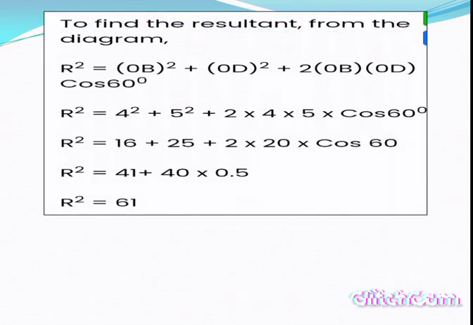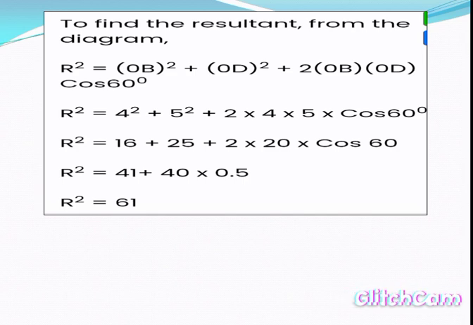So by applying the cosine rule, we have r squared equals OB squared plus OD squared plus 2 times OB times OD cos 60 degrees. The cosine rule you apply here is a little bit different from the normal cosine rule you use in mathematics.